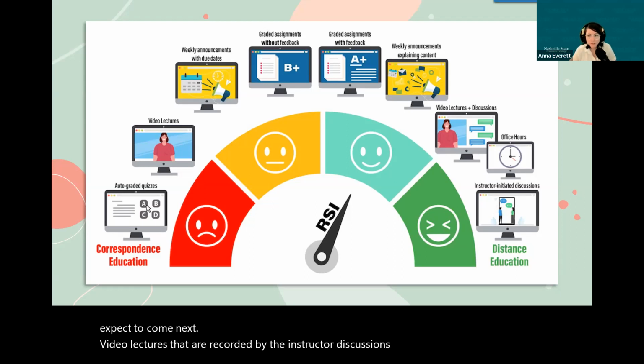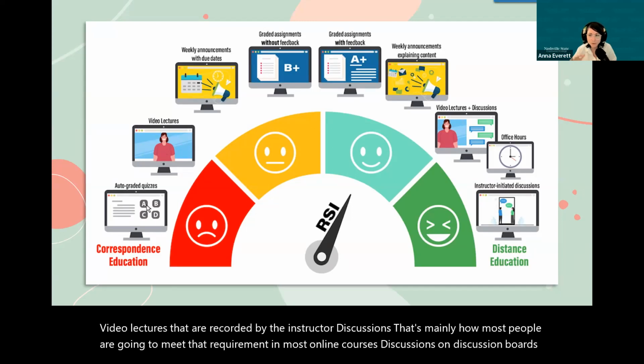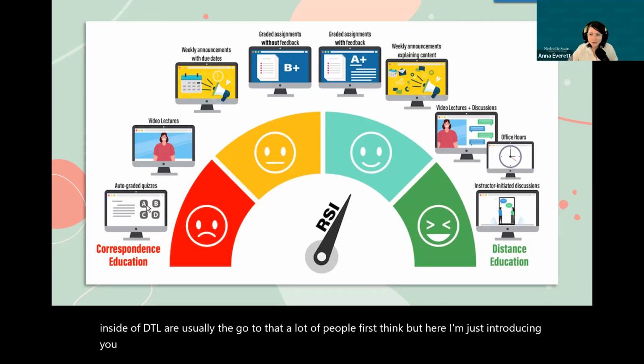That's mainly how most people are going to meet that requirement. In most online courses, discussions on discussion boards inside of D2L are usually the go-to that a lot of people first think of. But here I'm just introducing you to the many other ways that you can build an interactive component into your course.